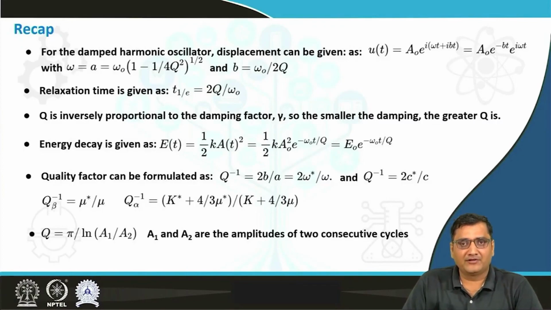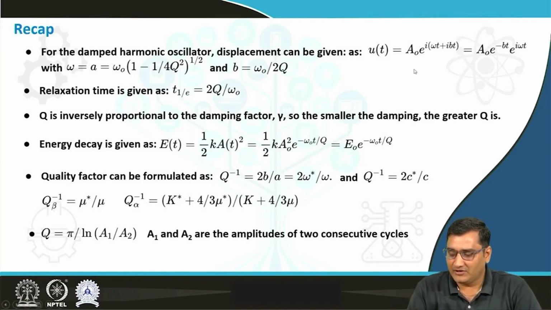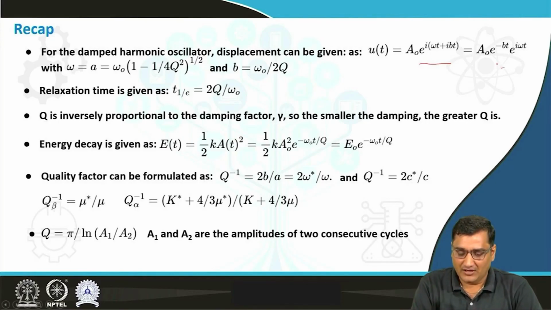As far as the recap is concerned, we learned that for the damped harmonic oscillator, displacement as a function of time t is equal to a naught e to the power iota omega t plus iota beta, that is further equal to a naught e to the power iota bt e to the power iota omega t, where omega is equal to omega naught times the square root of 1 minus 1 by 4Q square, and b is equal to omega naught upon 2Q.